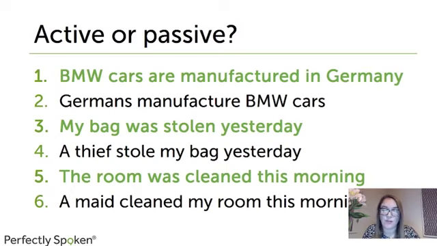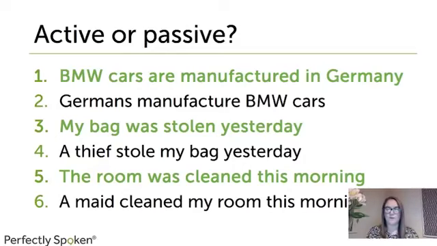My bag was stolen yesterday. The room was cleaned this morning. So now is a good opportunity to pause the video again and see if you can understand why. Why are these sentences passive? What's the difference between the green sentences and the black sentences?